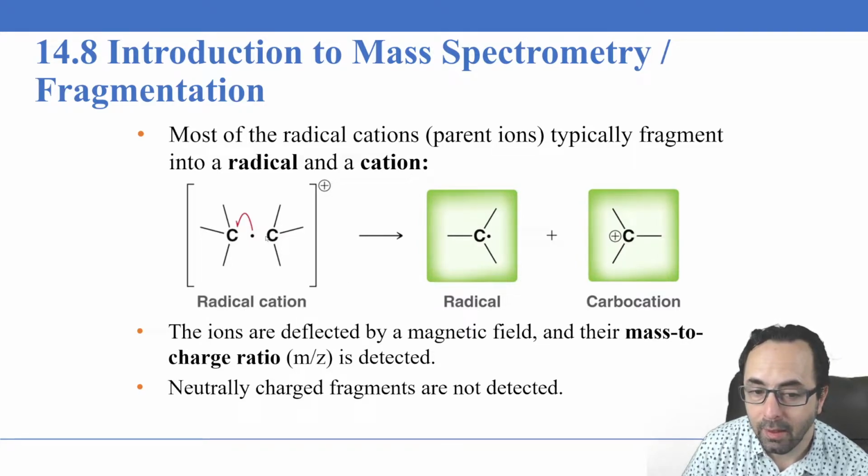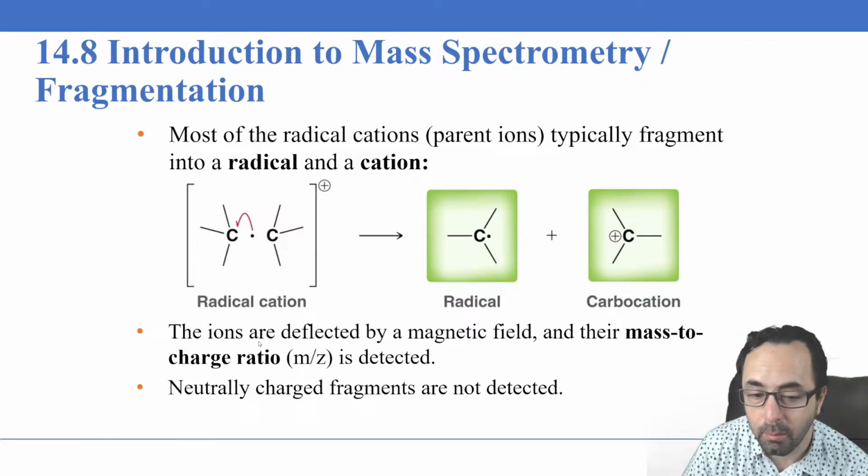The part that didn't get the spare electron will now have an even number of electrons, but it will be a cation. Now, the part that's the cation is the part that will be detected by the spectrometer. The neutral part will not.